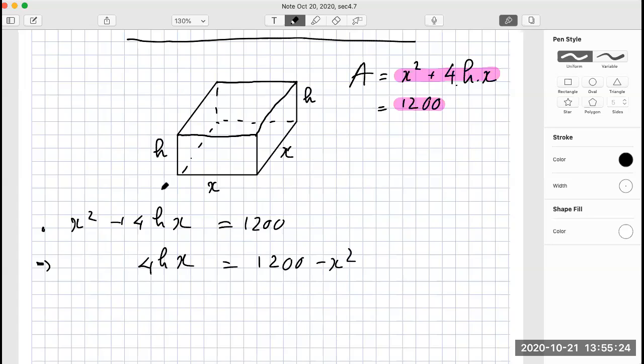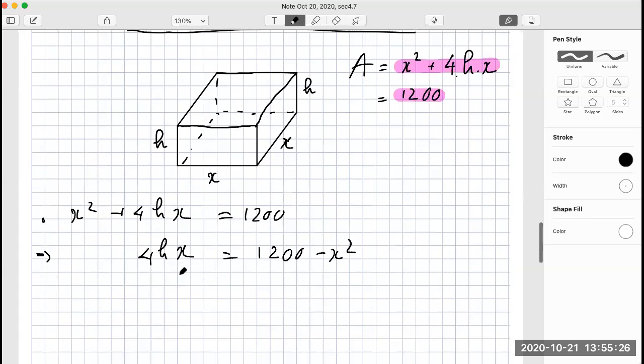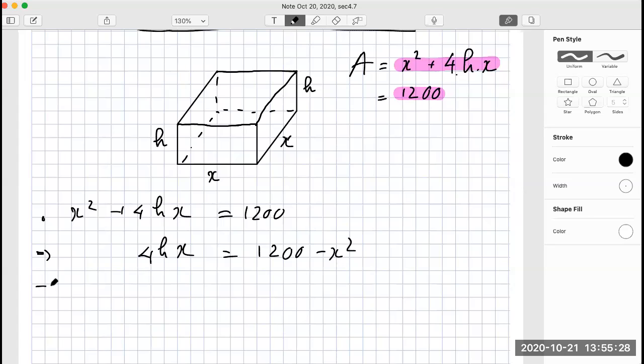So we eliminate the x squared first, then we divide both sides by 4x. Then we can find h, which will be this, right? Or you can find x in terms of h, but it is a little more complicated. We don't have to. So we know h in terms of x.